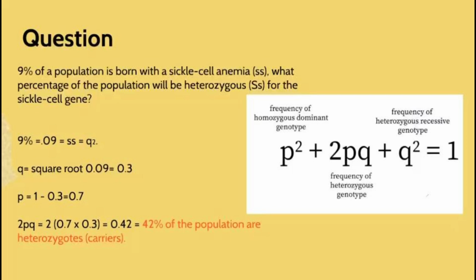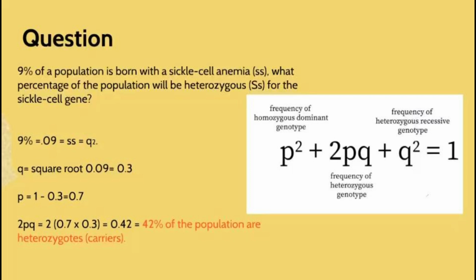So to find q, we can then do the square root. So if it's 9% as a decimal, that would be 0.09. If we take the square root of that, we get 0.3. So we know that q is 0.3, and as we know p equals 1 minus q, then p must be 0.7.